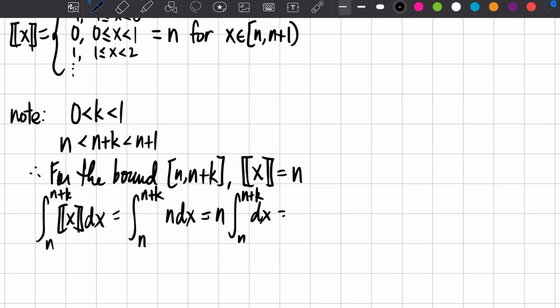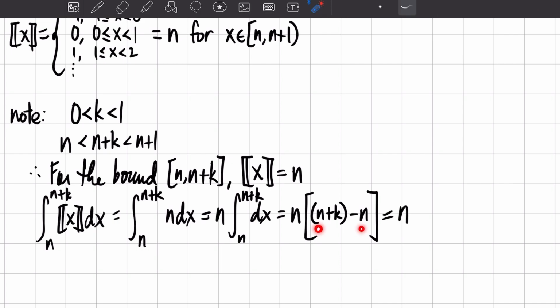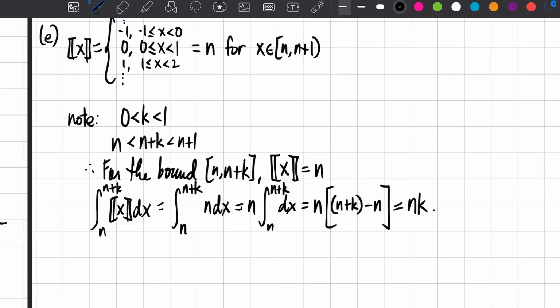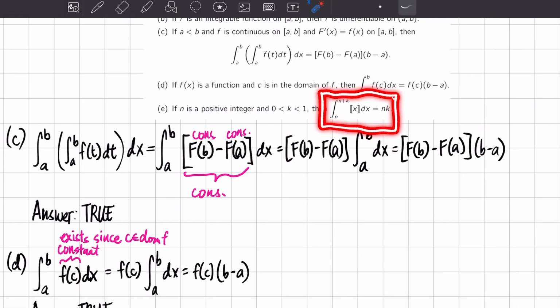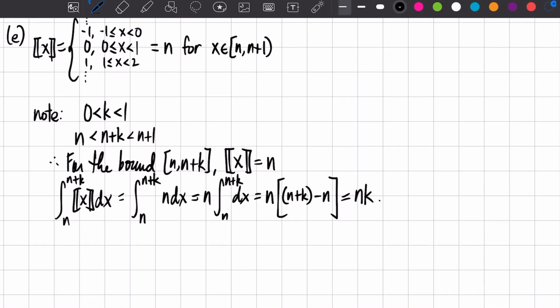So this one would be n times, the integral of this one is just your upper bound minus your lower bound. So that's n multiplied by n plus k minus n. What you'll have is k right here. And so that is what we are expecting right here. The entire integral will be equal to nk. And so the answer here is true.